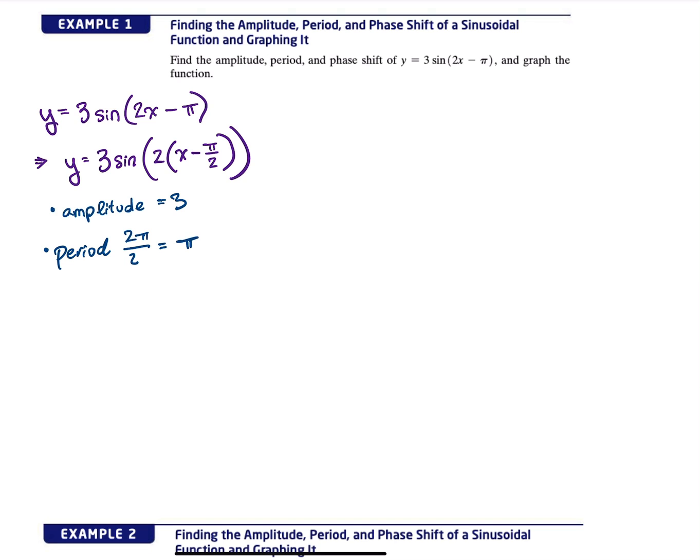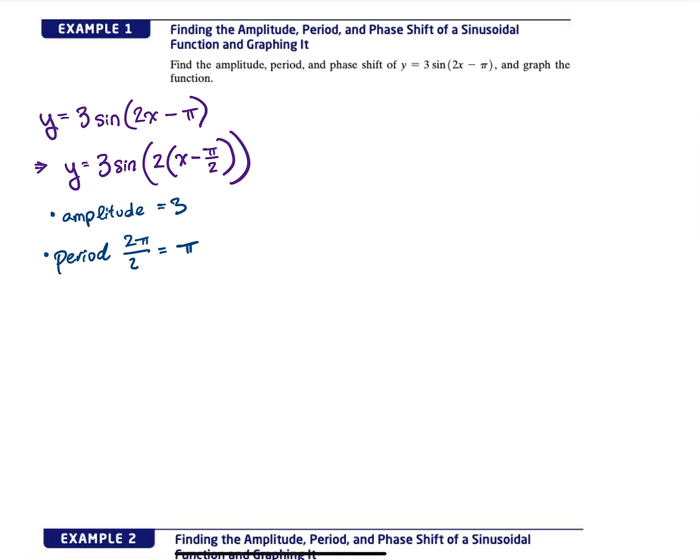So the wave will happen twice as fast. And then now we can see our phase shift as being pi over 2. And since there's a minus, it's going to move it to the right. So pi over 2 to the right.